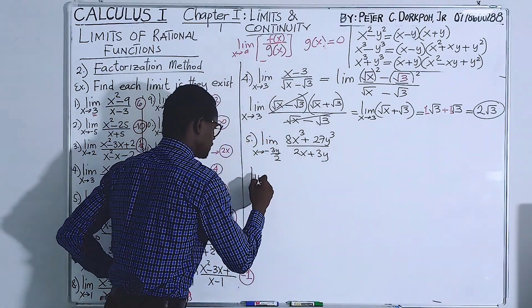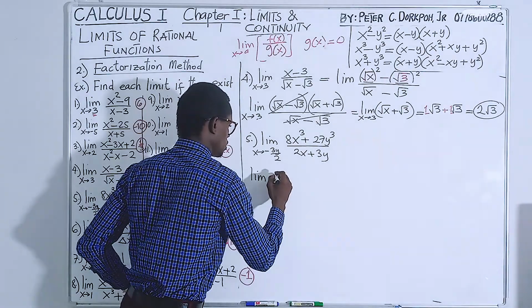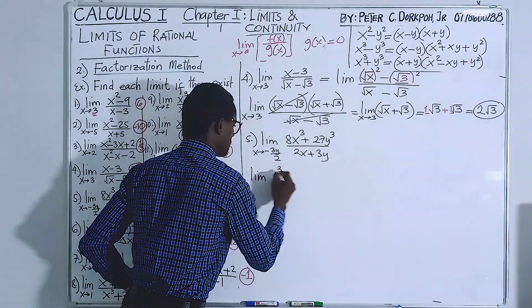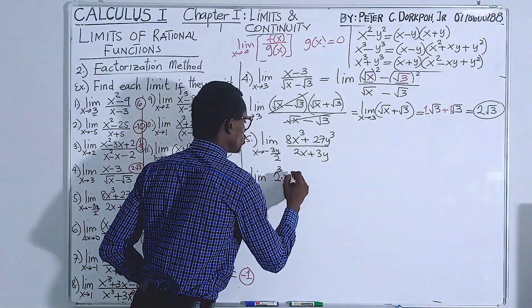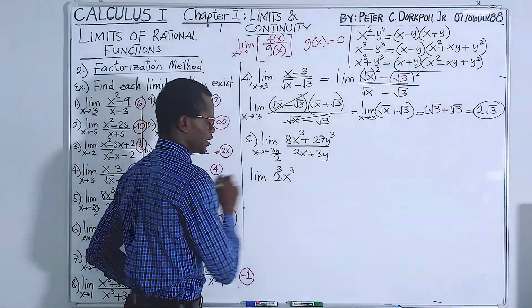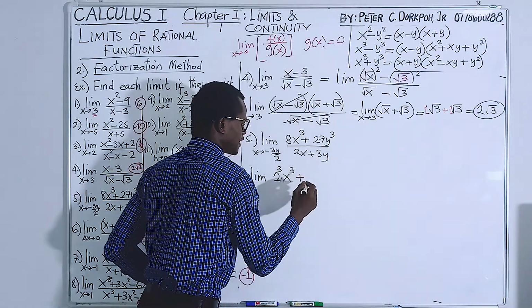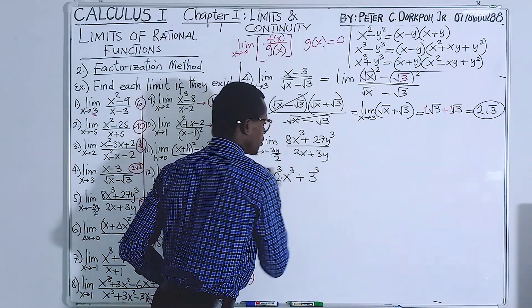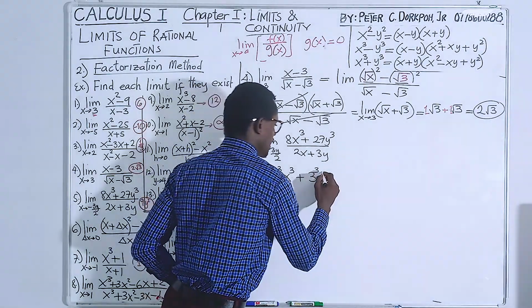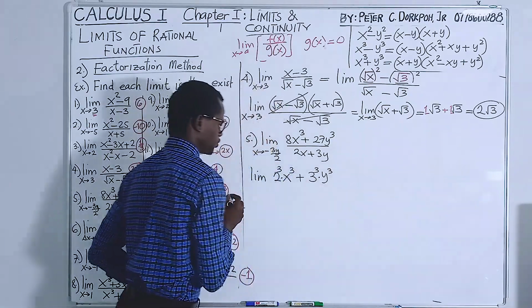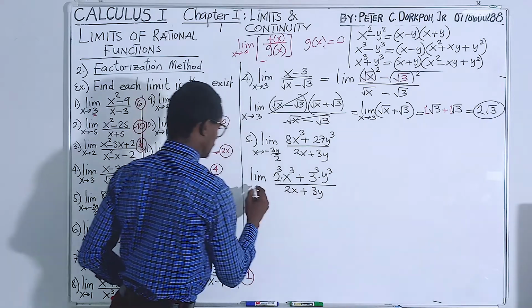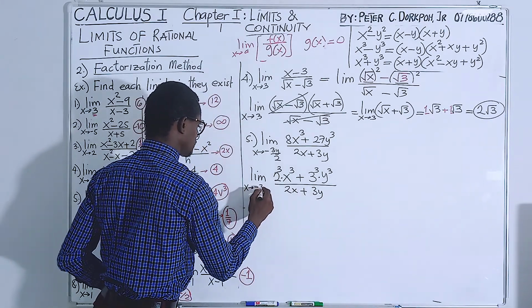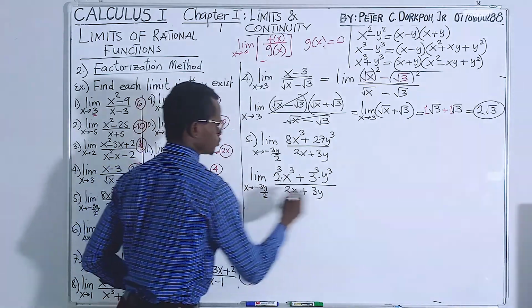If we rewrite these two, we will have 2 raised to the third power, which equals 8, and then x raised to the third power also is 8x cubed. Plus 3 raised to the third power equals 27, and y raised to the third power is also 27y cubed. Divided by 2x plus 3y, as x is approaching minus 3y all over 2.